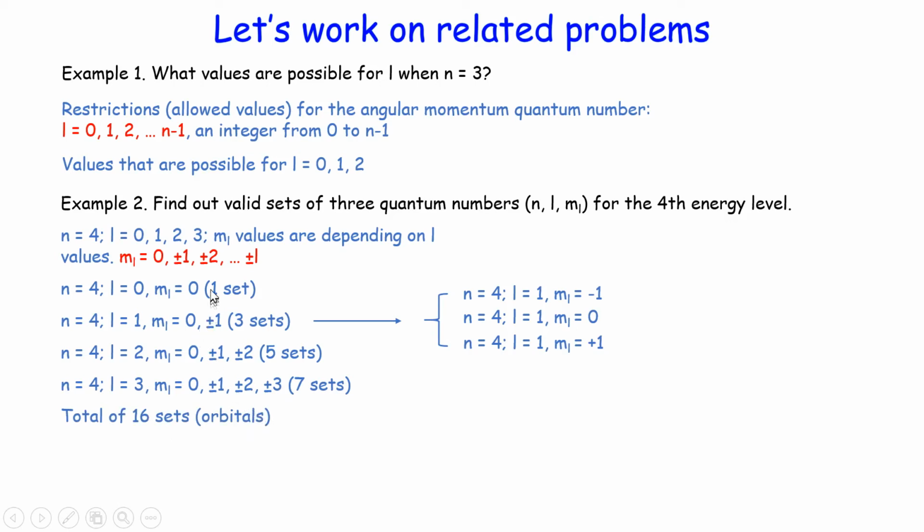If you add all of those together, that's 1 plus 3, that's 4, plus 5, that's 9, plus 7, that's 16. A total of 16 sets of the 3 quantum numbers, and that's actually 16 orbitals. 16 orbitals for the 4th energy level.